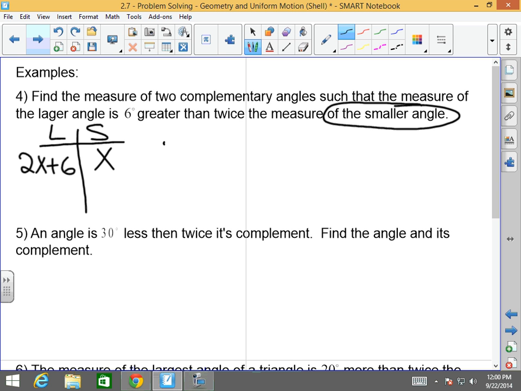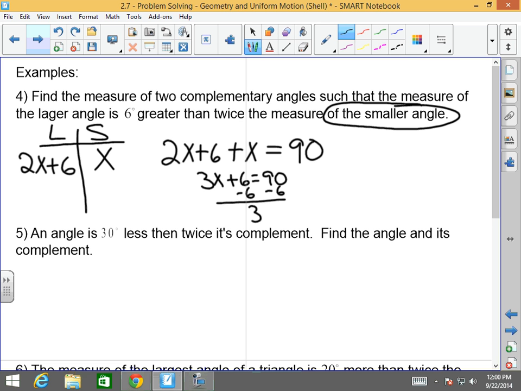So that means that the large angle plus the small angle equals 90 degrees. Now just solve. 2x plus x is 3x, plus 6 equals 90. Subtract 6 from both sides. 3x equals 84, divided by 3. x will equal 28 degrees.